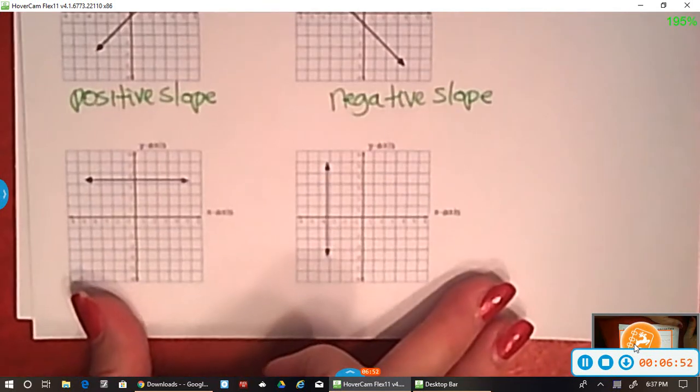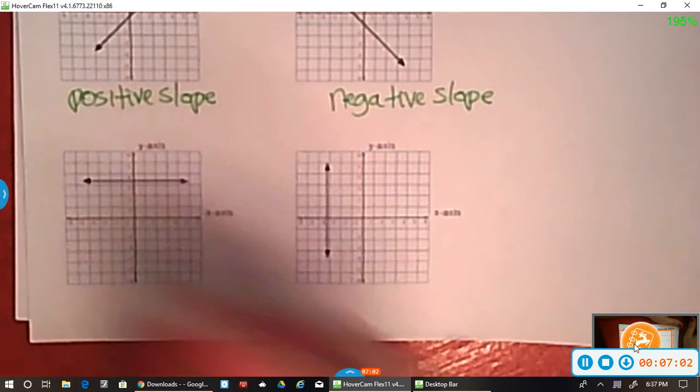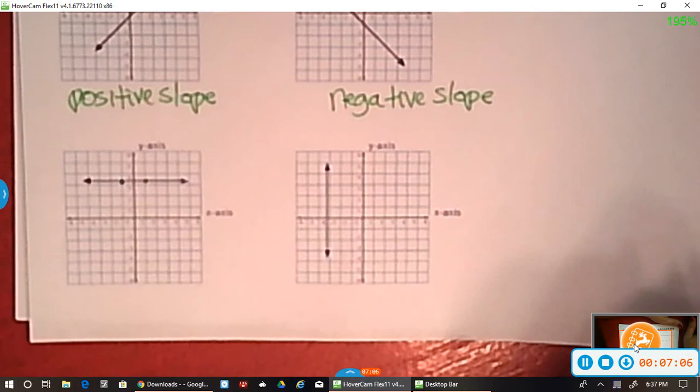These 2 graphs at the bottom, these are our 0 and undefined. So how do you know which is which? Well, if I were to pick 2 points on here, those have different x values, but they have the same y values for those ordered pairs.